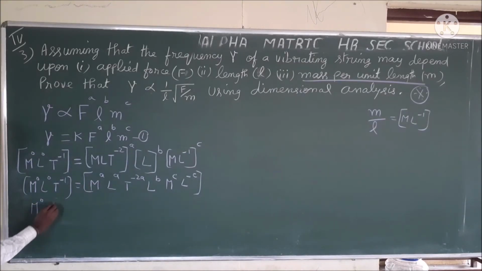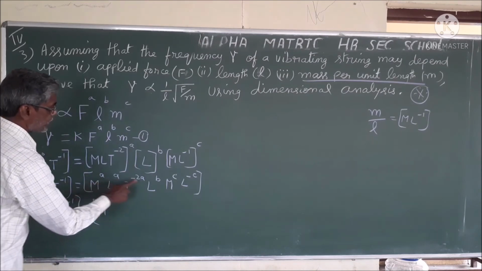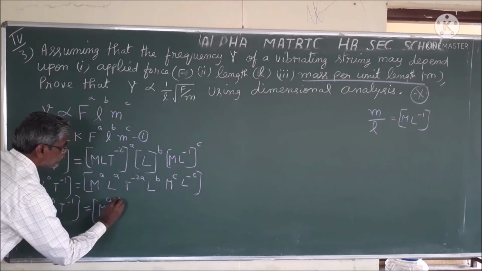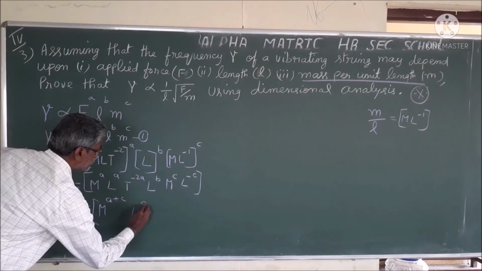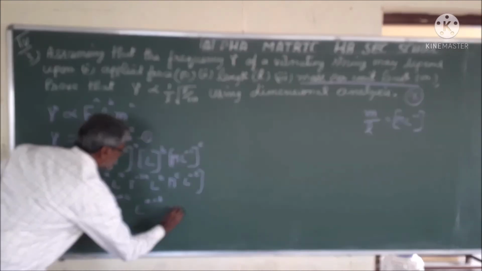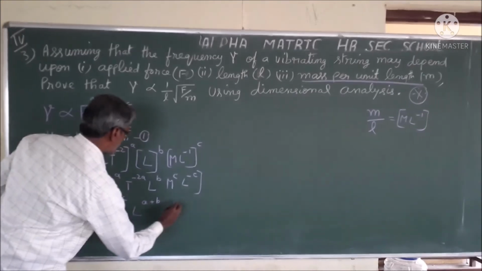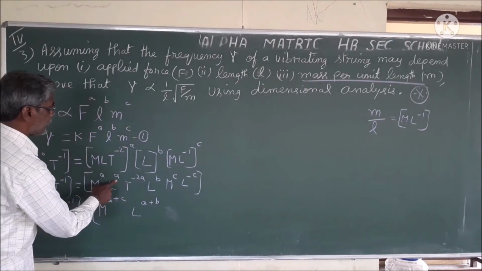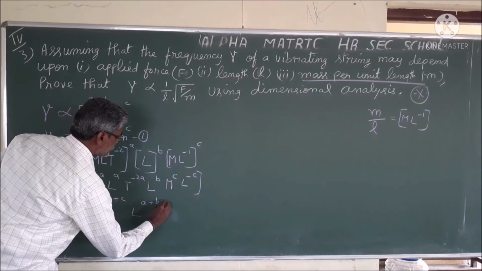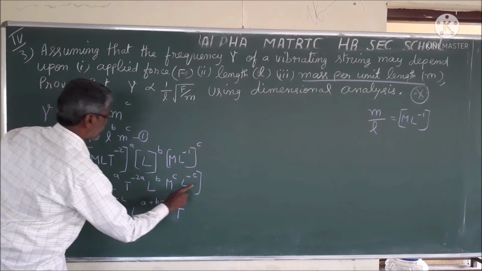So M^0 L^0 T^-1 equals M^(a+c) L^(a+b-c) T^-2a. So L appears three times there.